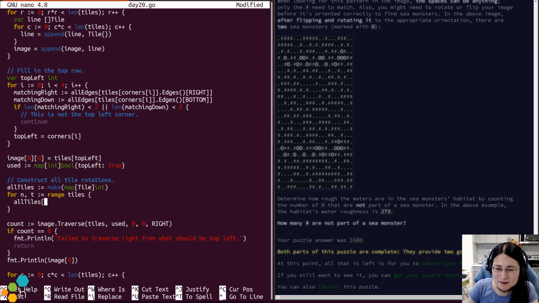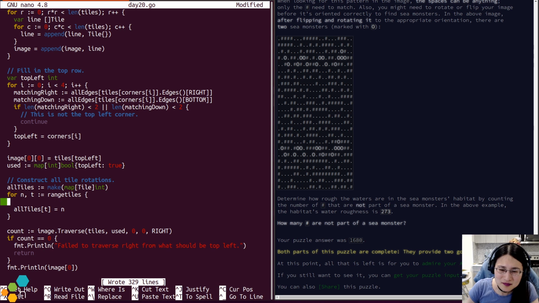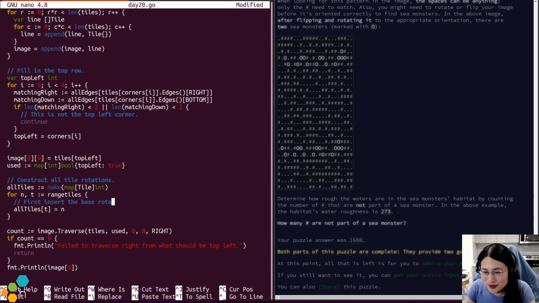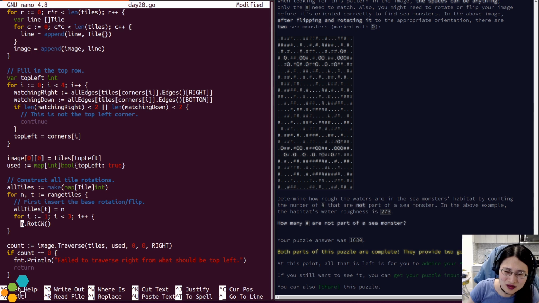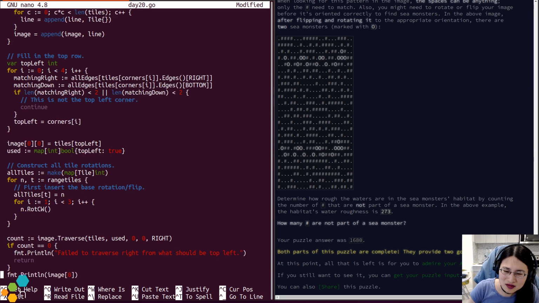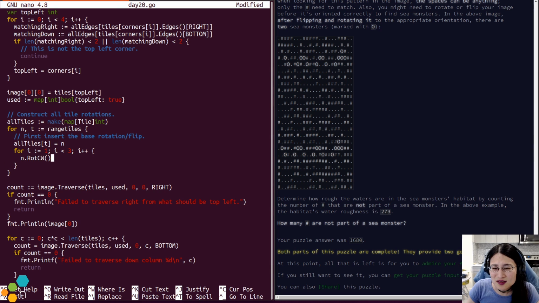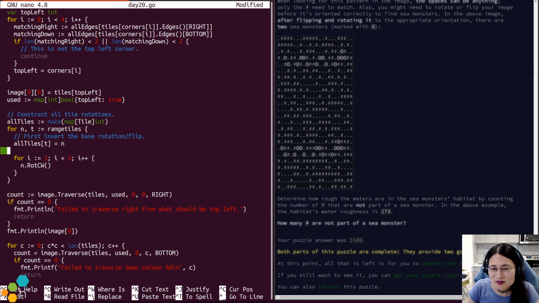So first insert the base rotation. All right.